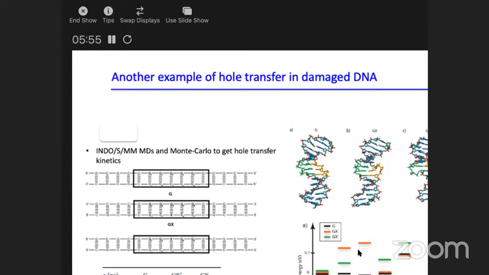GX is when I put the defect on that side, and the other one, GX prime here, and try to see what is the difference. You see the free energy does exist in eV, and try to see what is the sequence effect and why, and proposing structures to see how it readjusts when I'm doing this. So another example here of the hole transfer that is relying also on semi-empirical QMMM.